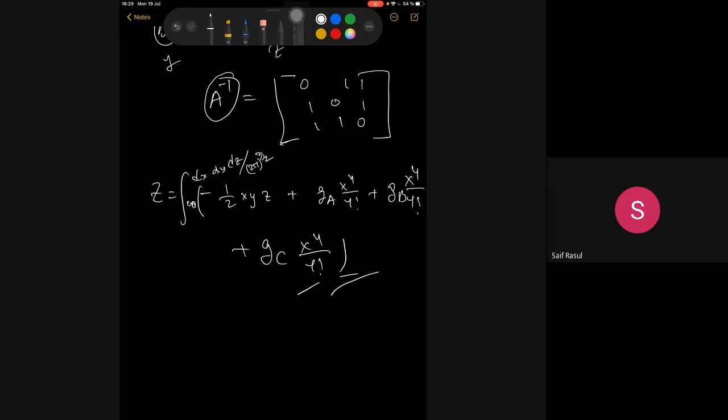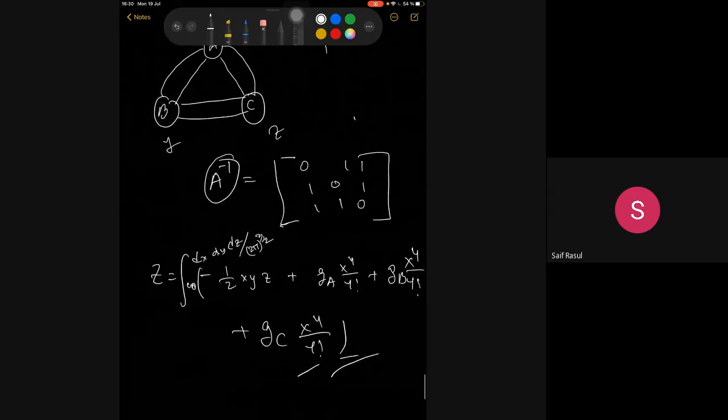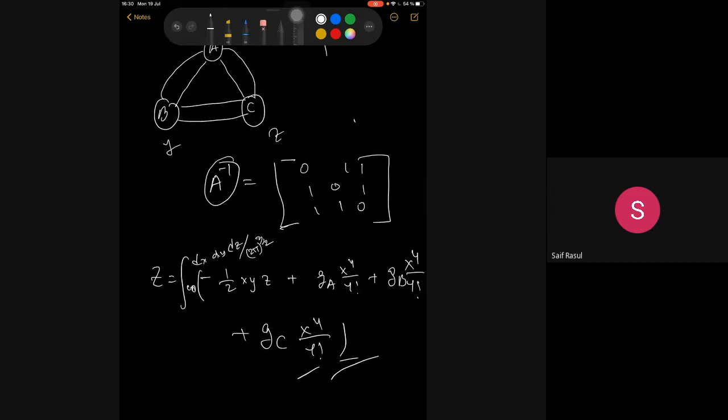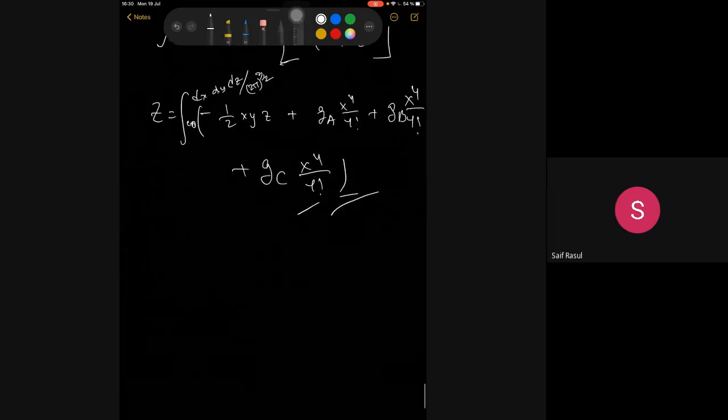If you want to distinguish the vertices, you can solve that. If you don't want to distinguish the vertices, you can solve that too. You just have to understand the problem, and the best way is to look for the A inverse. If you know the A inverse, you can backtrack and find your partition function. And if you know your partition function, you're done. You can generate all the symmetry factors, anything you want associated to the graph.